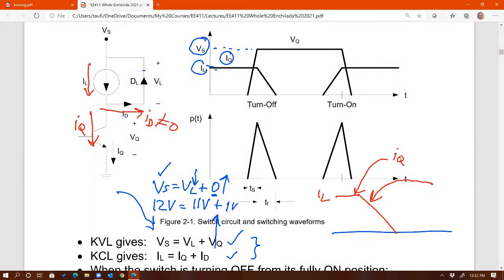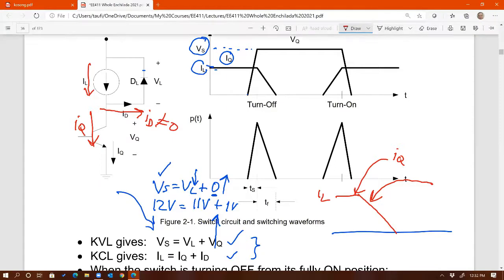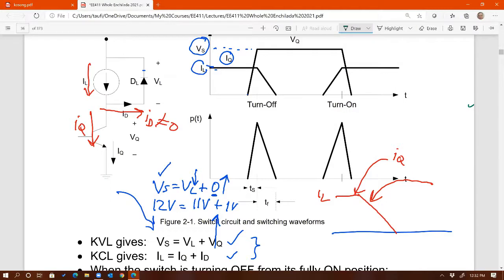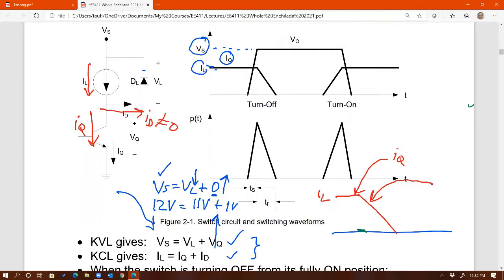So as long as, I'm going to use green now, as long as IQ is decreasing, voltage across VL must be 0 to allow the diode to conduct.